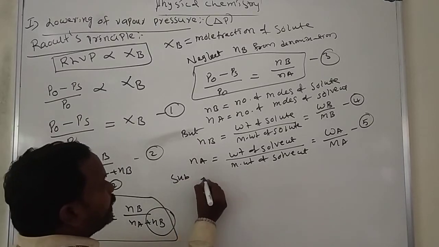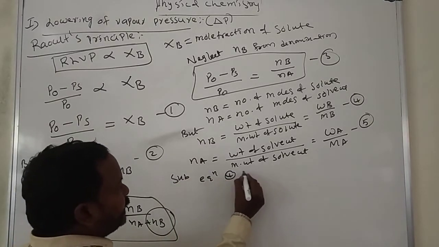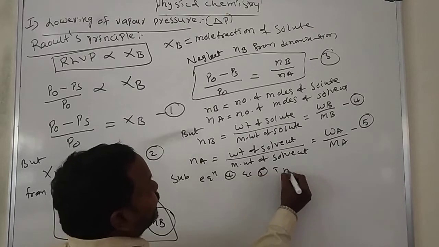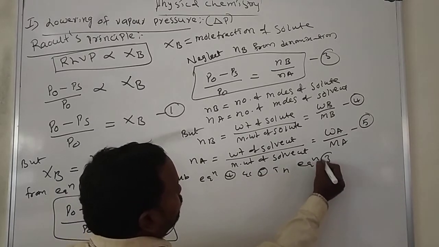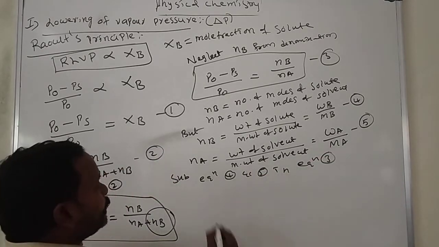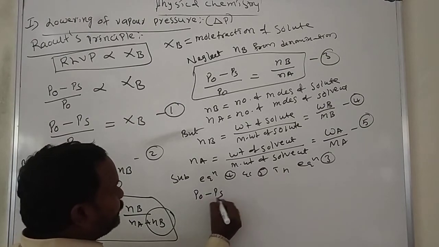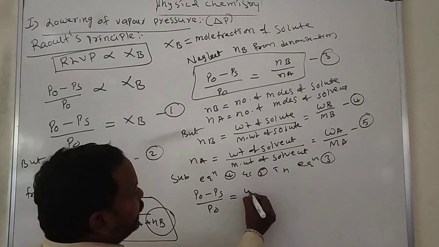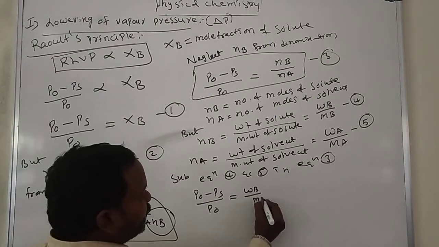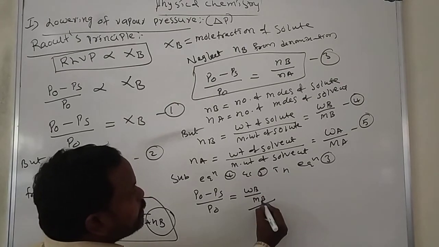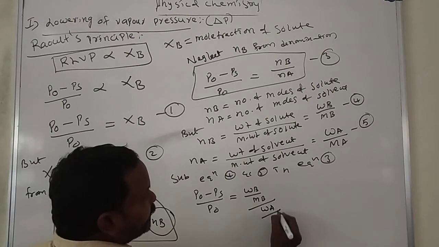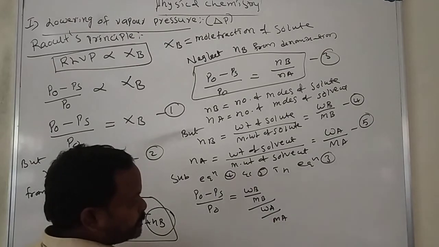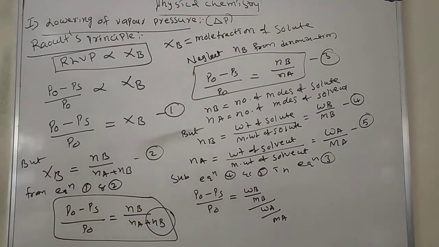Substitute equation 4 and equation 5 in equation 3. P naught minus Ps by P naught is equal to Nb, Wb by Mb, by Wa by Ma.